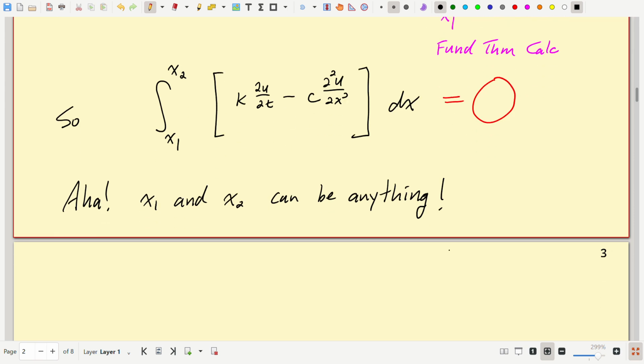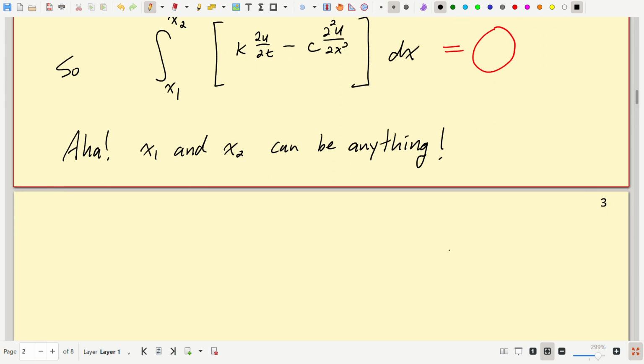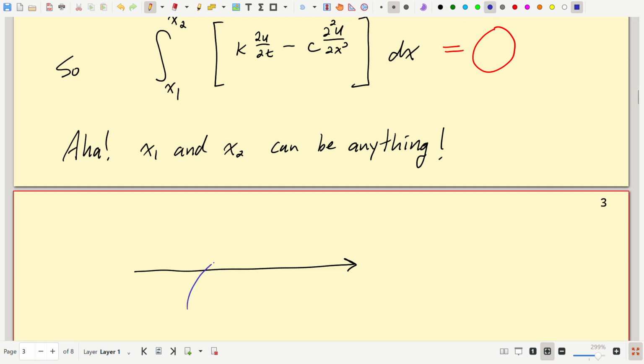If there was a moment in time and an x where that thing was strictly positive, so let's say the graph at some moment looks like this. And it's positive, let's say, right here.